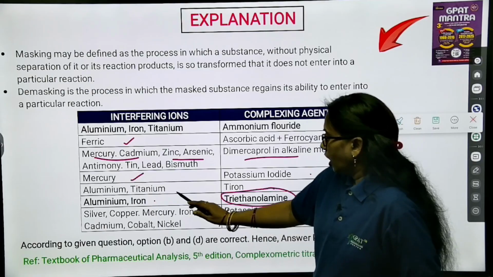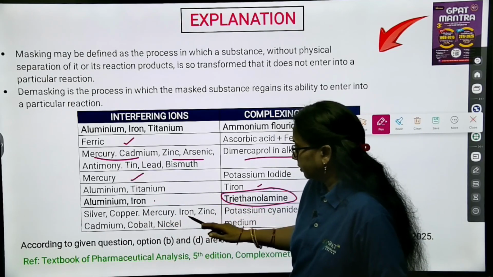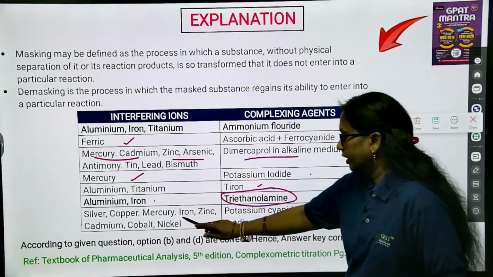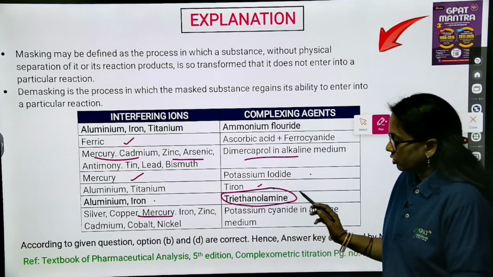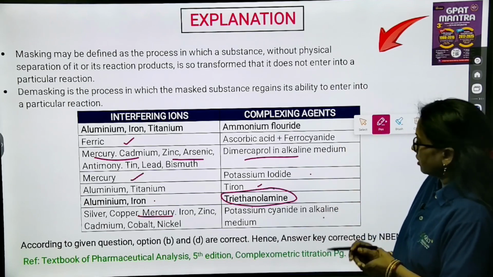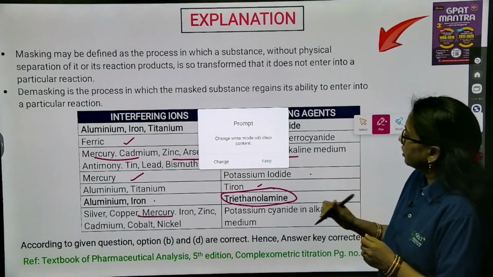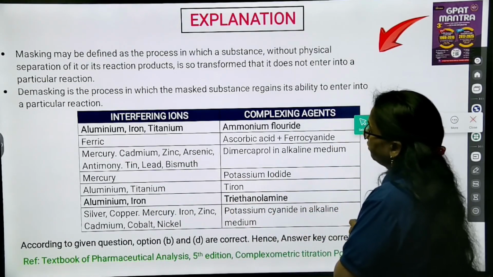Aluminum, titanium and styrene you can use. Silver, other metals like silver, copper, iron, zinc, cadmium, cobalt, nickel and mercury also, potassium cyanide in the alkaline medium. So these are the different agents we can use as masking and demasking agents, so that the chemical reaction takes place and the complexometry will proceed further, right?